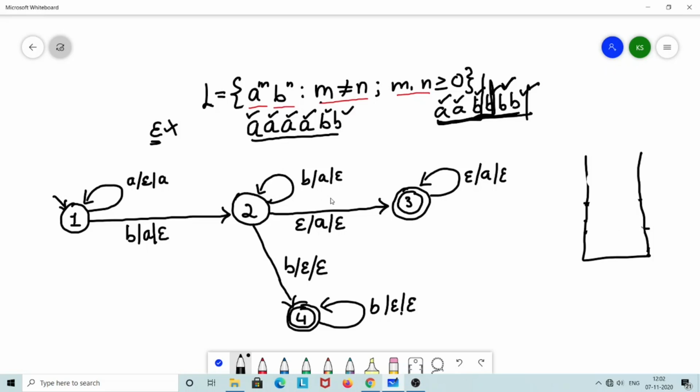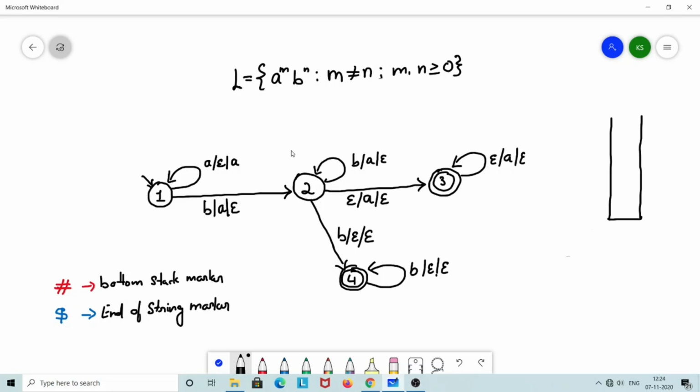We can reduce the non-determinism by following some steps, by having some new tools that will help us. We'll see how soon. But before that, I hope this particular solution is clear.